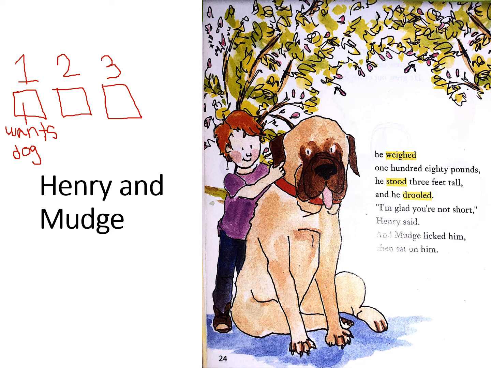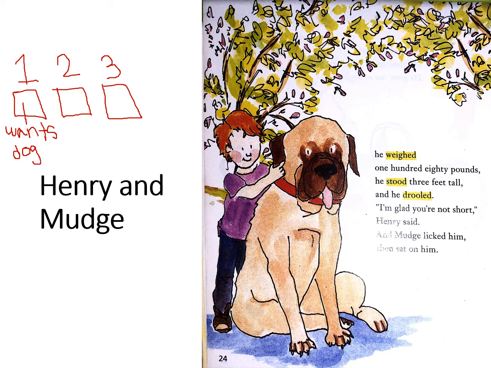In the second scene, he told his parents that he wants a dog, and his parents think about it. They looked at the house, there's no brothers and sisters. They looked at the street, there's no children, and they thought, okay, Henry can have a dog. So that's when the parents decided that Henry could have a dog, right? And that's exactly the moment when Henry started looking for dogs.